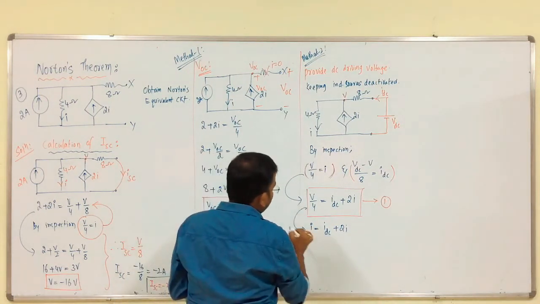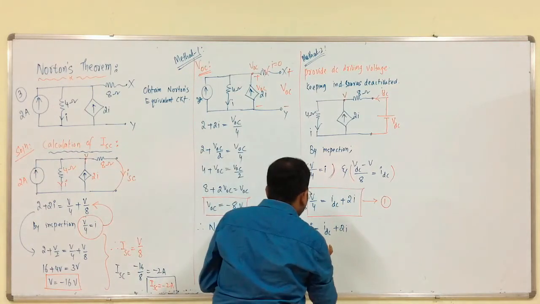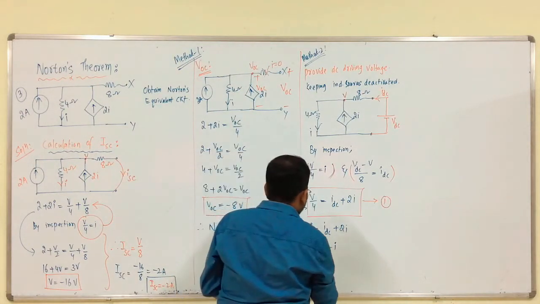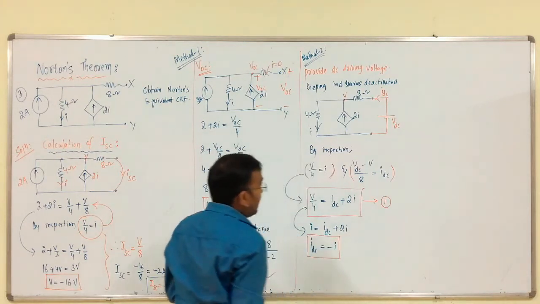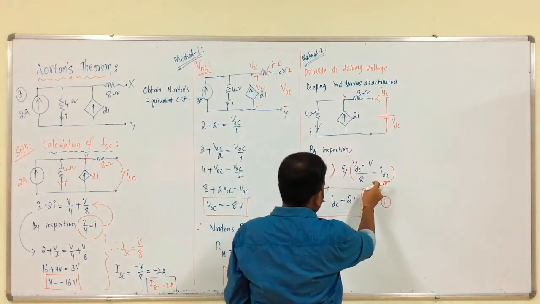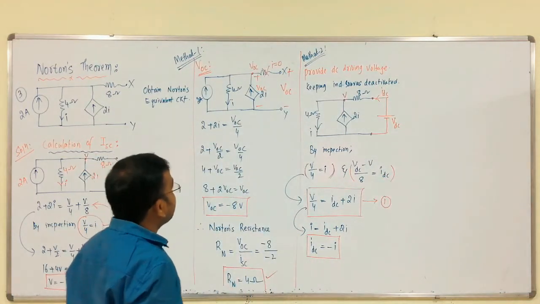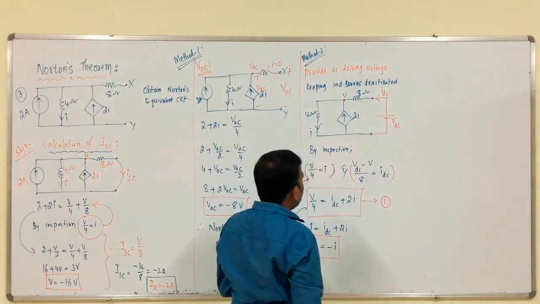Then the equation is like this, right? From this IDC equals minus I. But what is the value of I? We do not know, right? We have to calculate it.